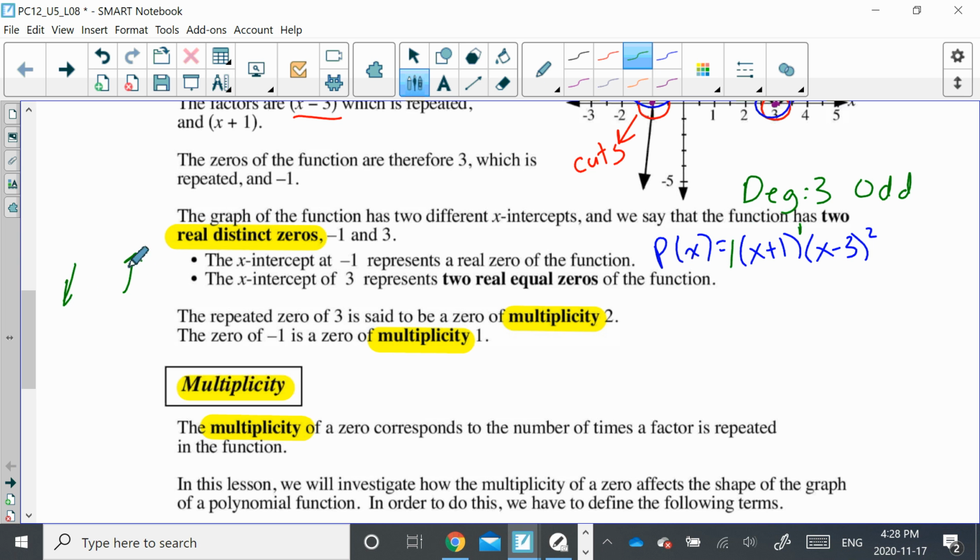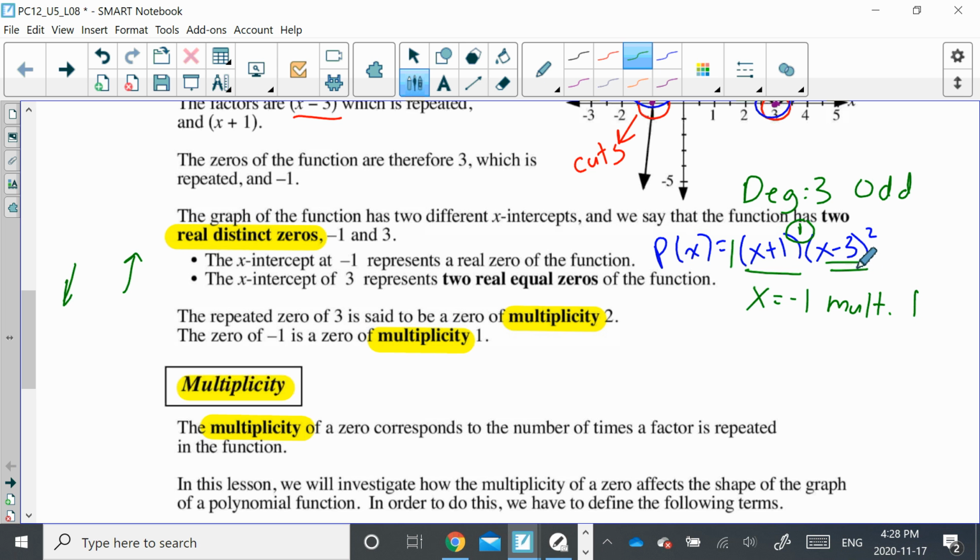You just have to know that. This gives you an x-intercept, or a 0, of -1. So this graph has a 0 of -1, and then I'll ask, what's the multiplicity at that 0? The multiplicity at that 0 is going to be 1.